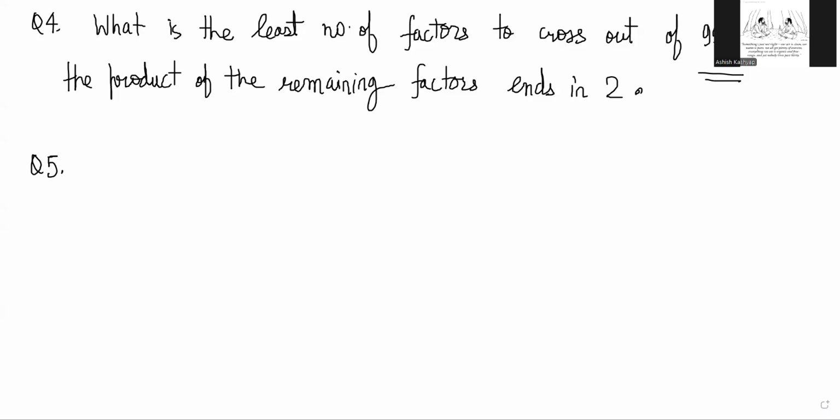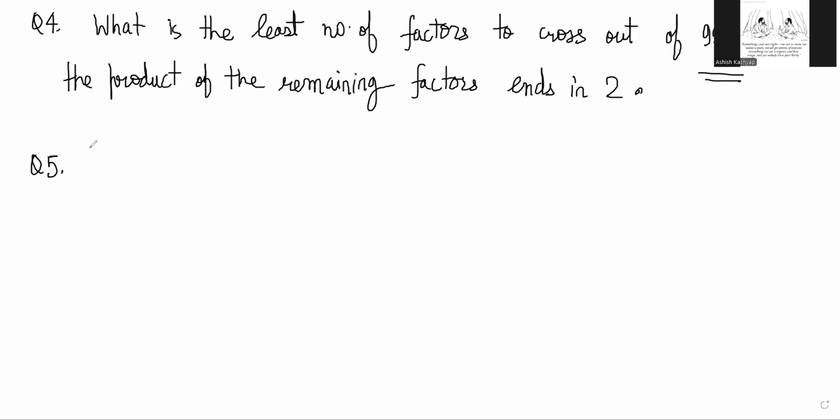Some of those numbers you have to remove so that the product of the remaining thing that is left over ends in 2. And you have to try to remove the least number of factors. There are 99 numbers, you can remove any number of them, but how many definitely you have to remove so that the remaining product ends in 2. Correct?